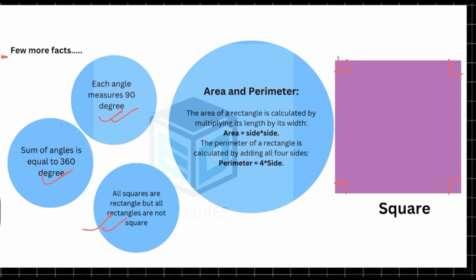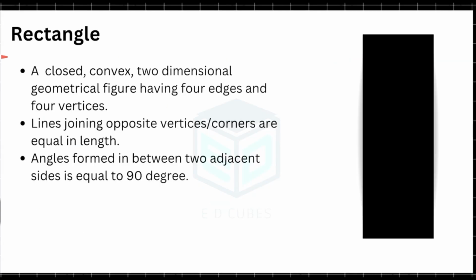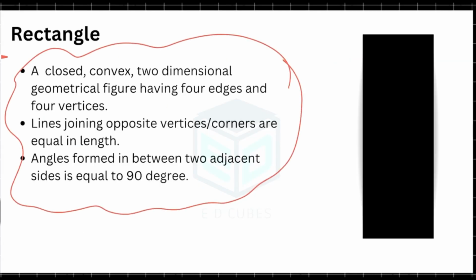All squares are rectangles, but all rectangles are not squares. Yes, this square is a rectangle because this square also satisfies all these statements. Let's say this is that square. Is it closed? Yes. Convex? Yes. Two-dimensional? Yes. Four edges, yes. Four vertices, yes. Lines joining opposite vertices are equal in length, yes.